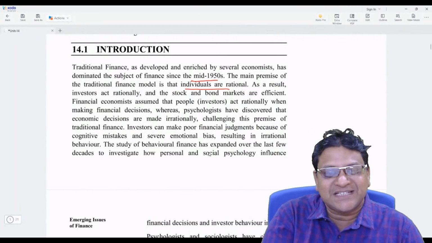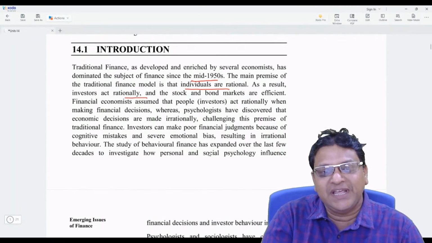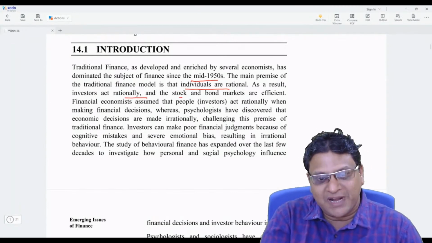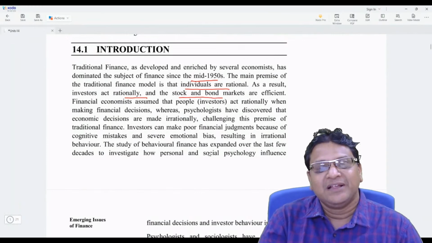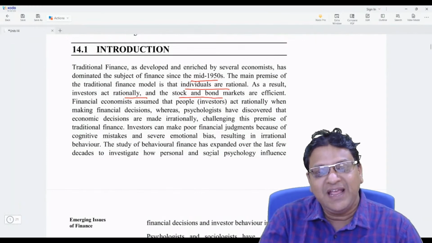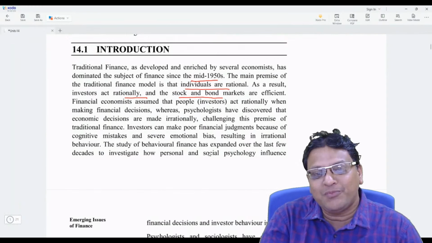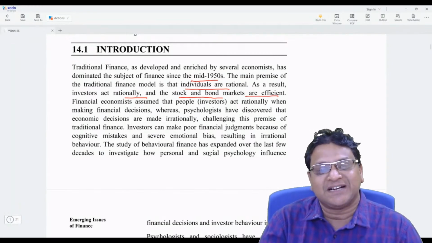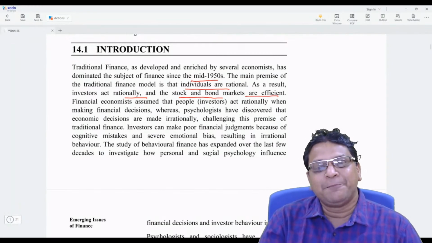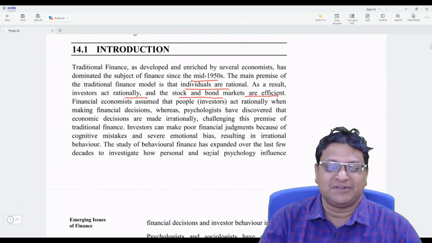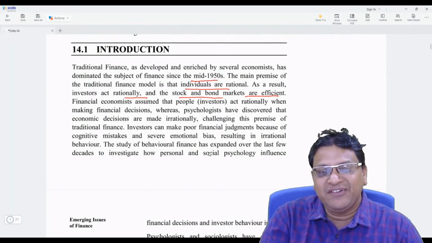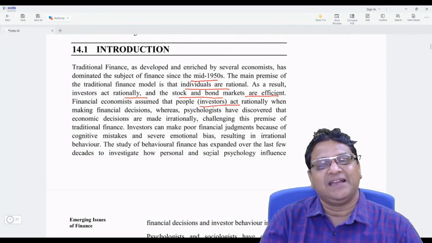They act rationally. When they enter into stock market or bond market, they act rationally, and stock market and bond markets are efficient. What is efficient? Efficient market means the market reflects all available information and the investors act rationally.